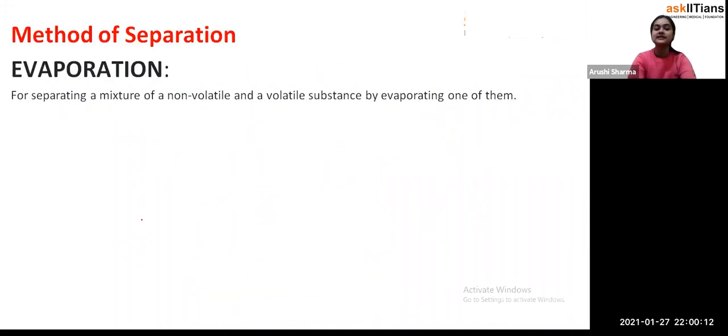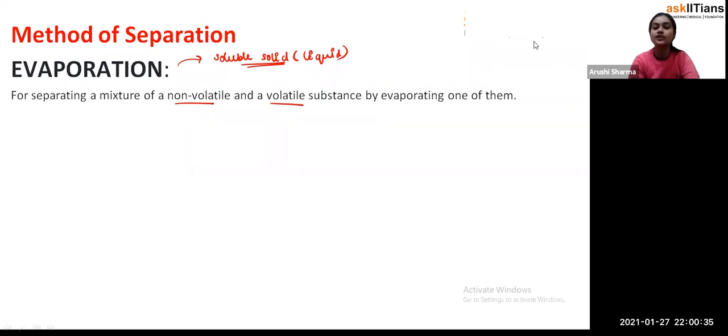So the first process is the evaporation process, and we use it to separate the soluble solid, that is the solid which is soluble in nature, from the liquid. So what is evaporation, students? It is used for separating a mixture of a non-volatile and a volatile substance by evaporating one of them.